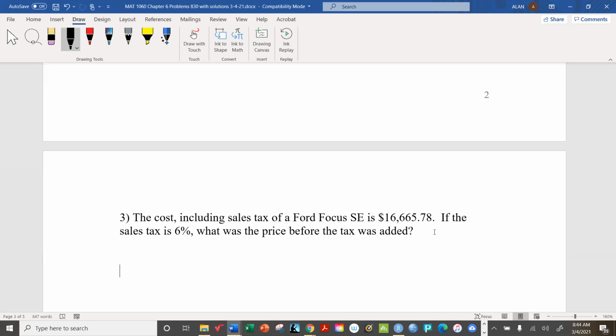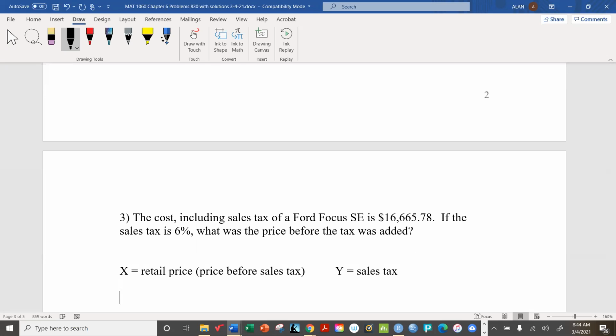So here's one thing we can do. X will be what we're going to call the retail price, which means price before sales tax. And let Y be the sales tax. These are both in dollars, not percentages, dollars.